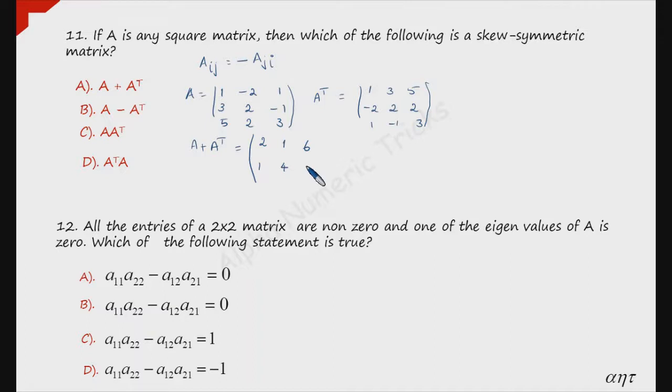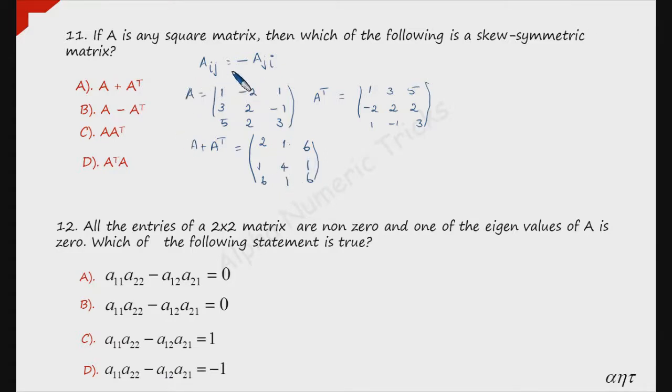Then 5 plus 1 is 6, 2 minus 1 is plus 1, and 3 plus 3 is 6. When adding these two matrices, we get a symmetric matrix, where Aij is equal to Aji. That is, A12 equals A21, A13 equals A31, and A23 equals A32.